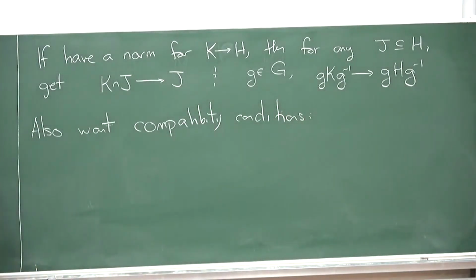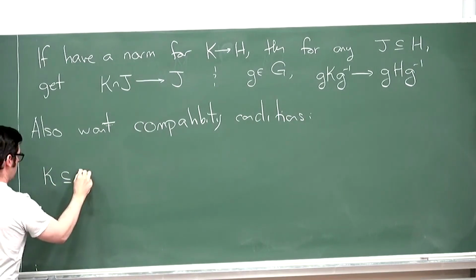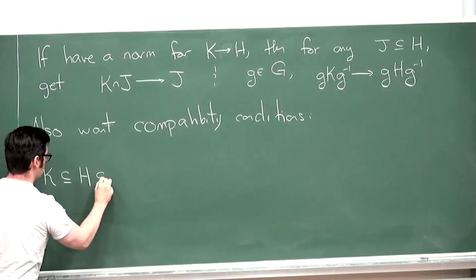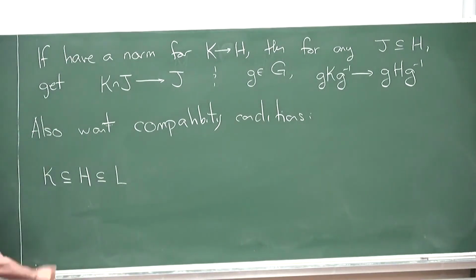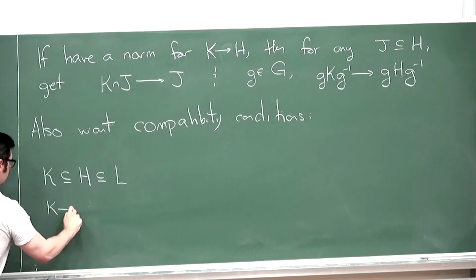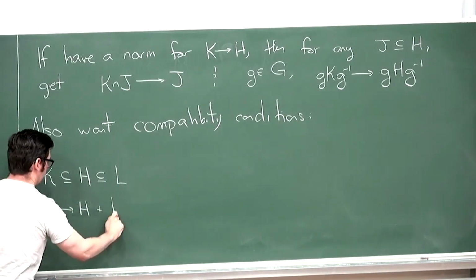Namely, let's say I had a triple of subgroups, K inside H inside, I don't know, L. And I had transfers for each of these, K to H and H to L.